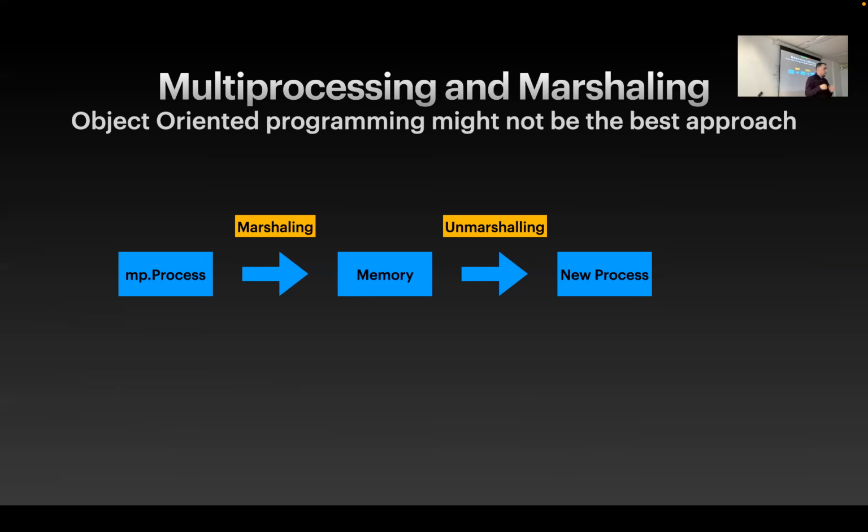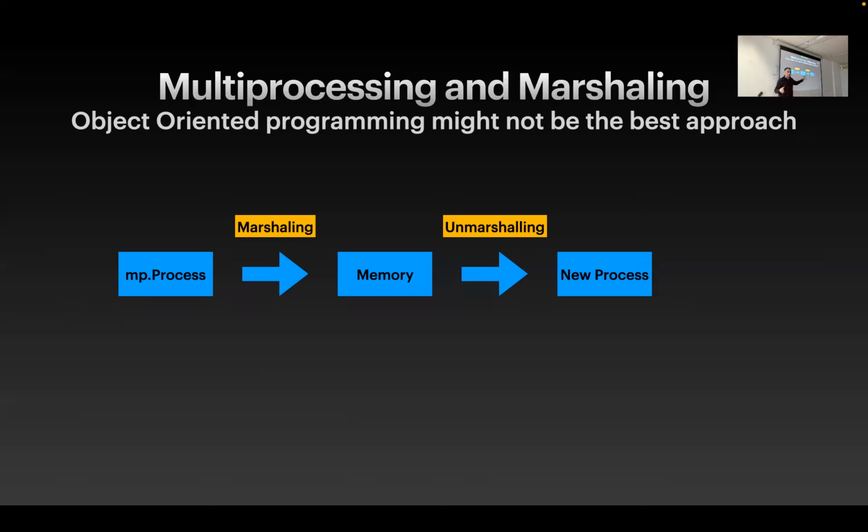And when the process gets transferred to the new core, the new process, new thread, whatever you want to call it, the MP process, the class, the object, right? It undergoes a certain workflow. The first part of it is taking this MP process object and transforming it into bytes and writing it to memory.